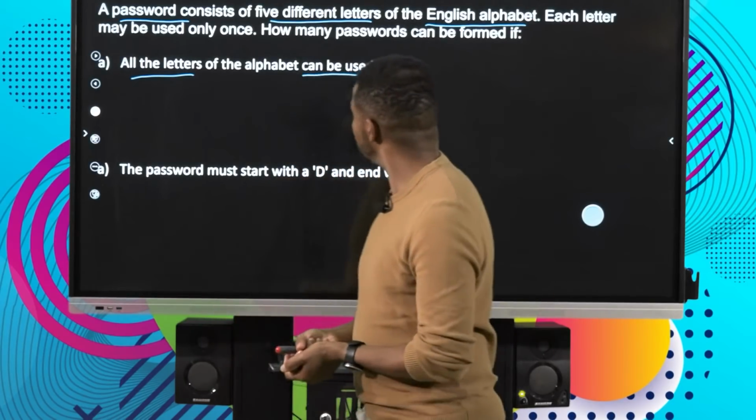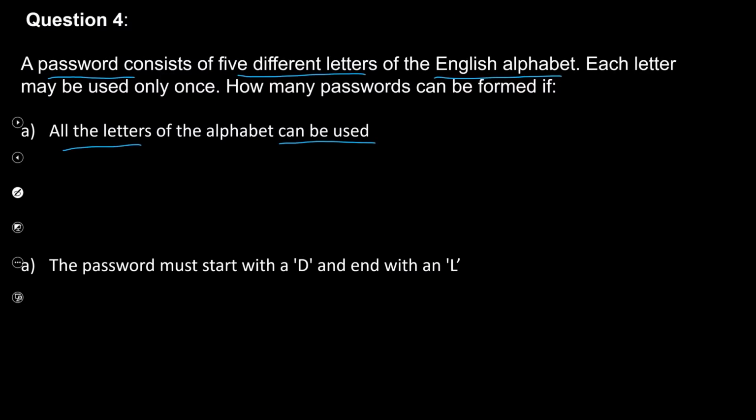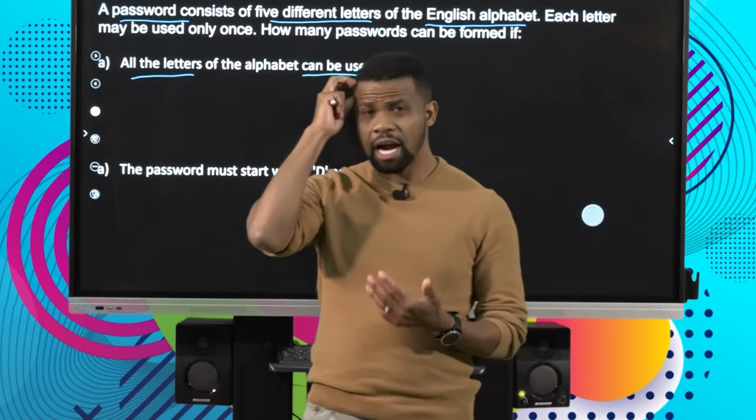So we want to create a password. What is the length of a password? Using 5 letters. So how many passwords can we get from that? This is a counting principle, so we have to apply the fundamental principle of counting.